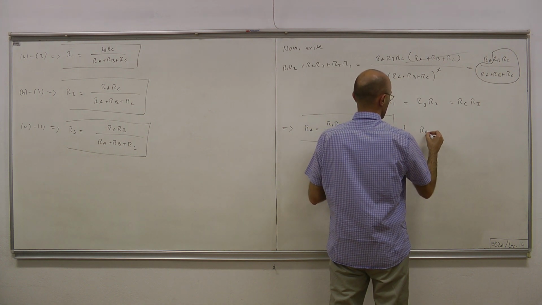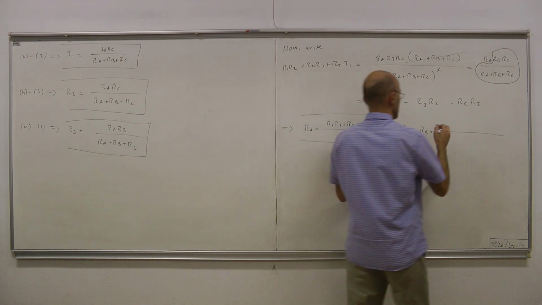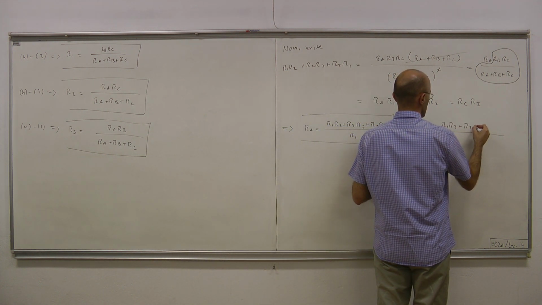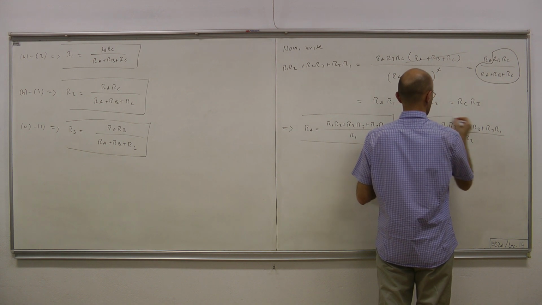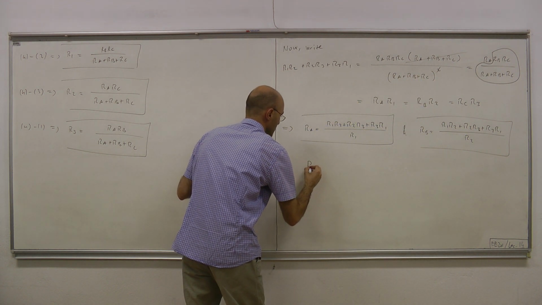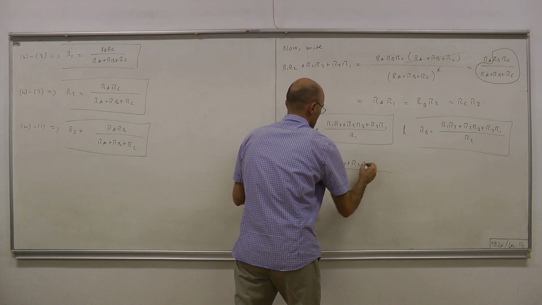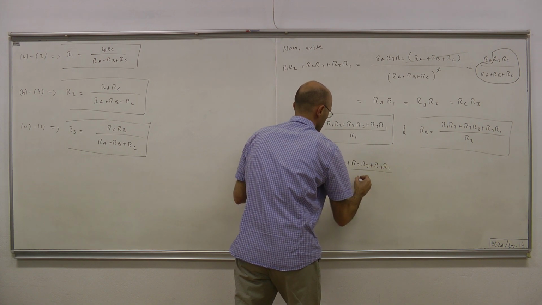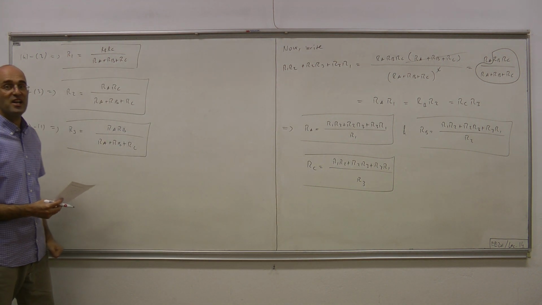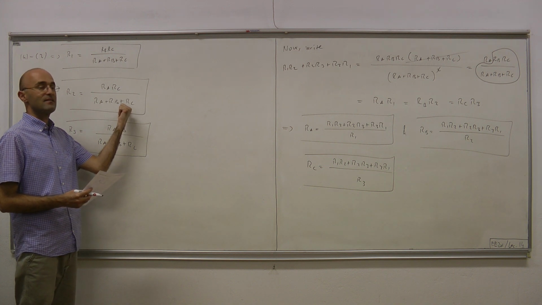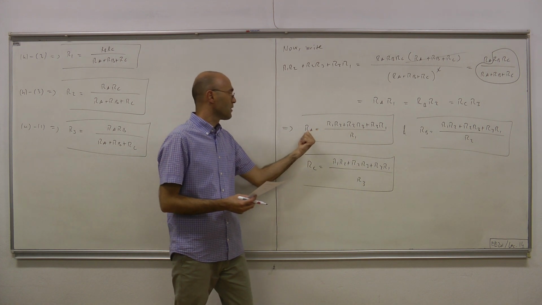And RB equals the same numerator divided by R2, and finally, RC equals R1 R2 plus R2 R3 plus R3 R1 over R3. Now this is the set which allows you to go from delta to Y, and this is the set that allows you to go from Y connection to delta connection.